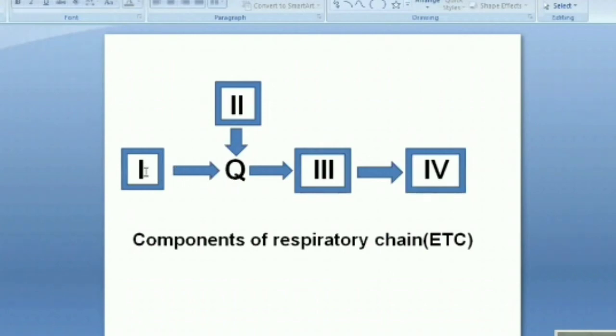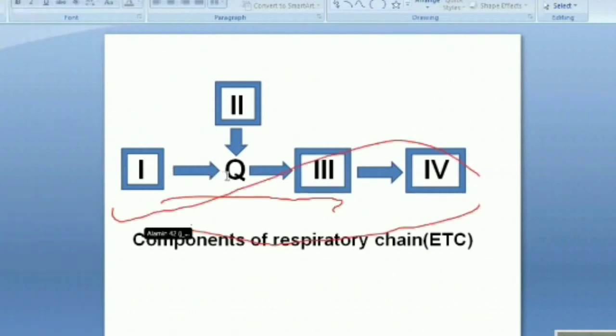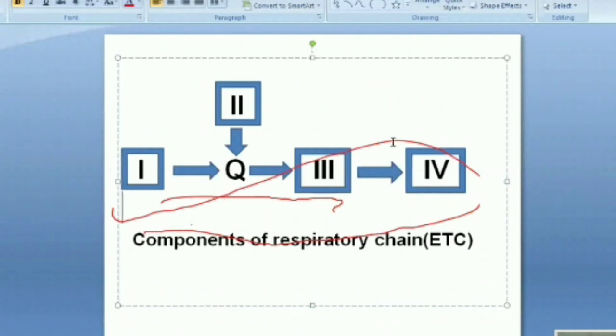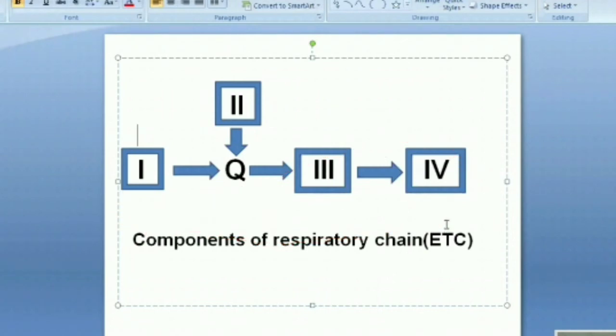That means the tendency of accepting electrons is higher going along the chain. Electrons move from complex 1 to coenzyme Q.